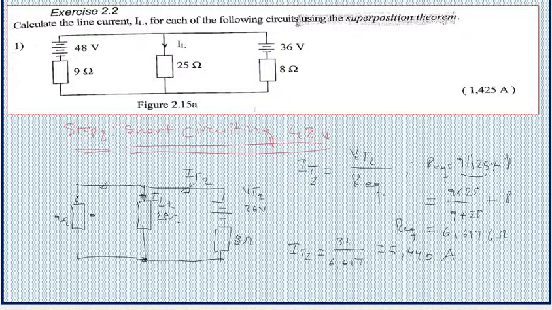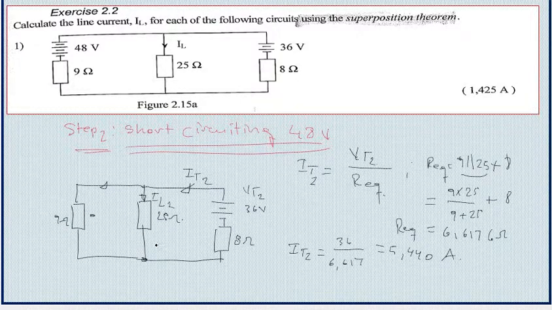In other words, one part of the current is going to flow through the 9 ohm resistor, and another current is going to flow through the 25 ohm resistor. So that represents the current divider.